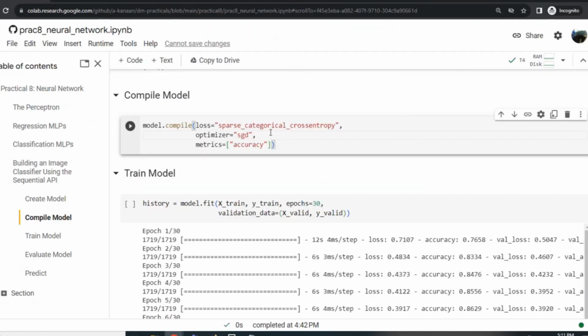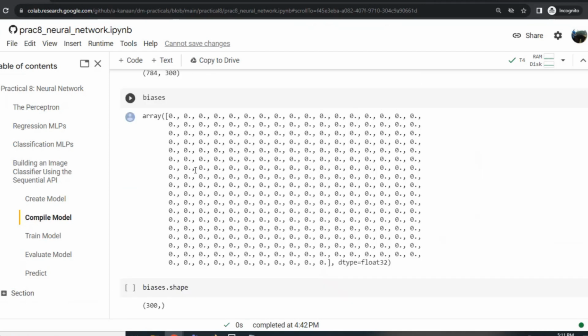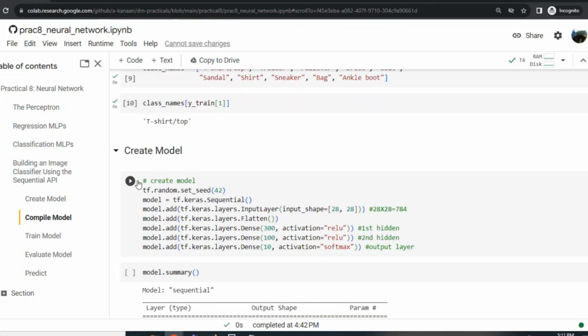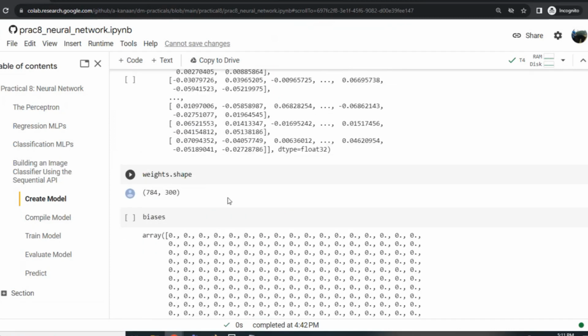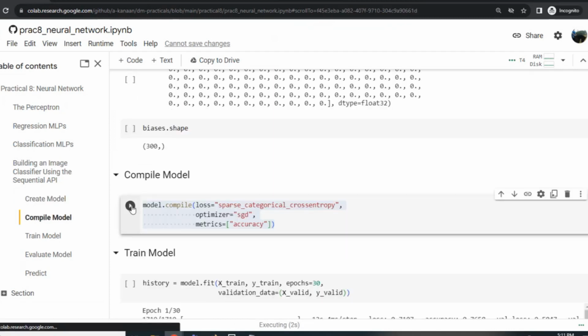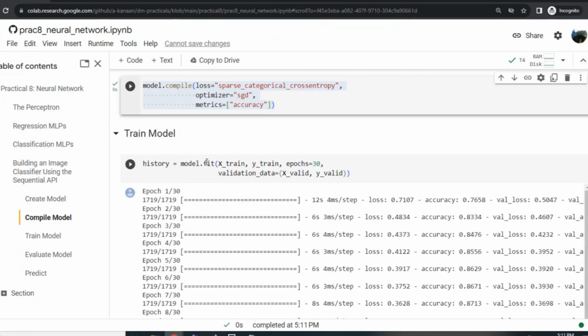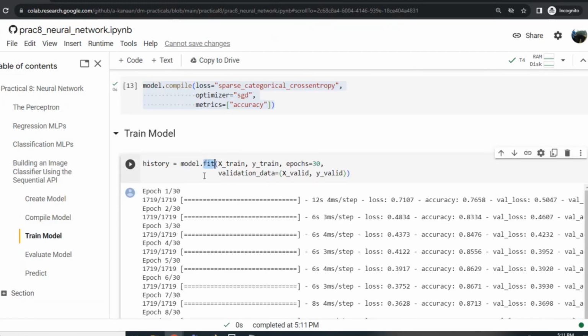Okay, where were we? So now this is to compile. Again, we have done nothing yet, by the way. This is just creating our model, and then we compile our model. That's all. The training time comes when you call the function fit. So now in order to fit, we call the function fit, then we provide our training data, and then we provide the epoch.